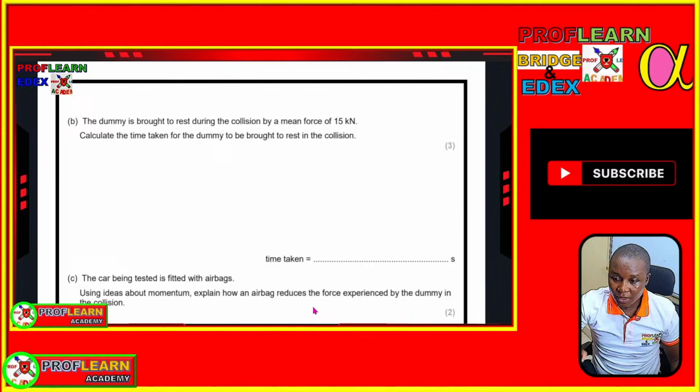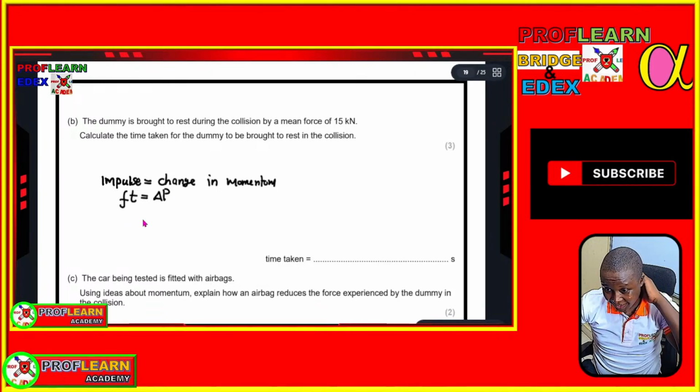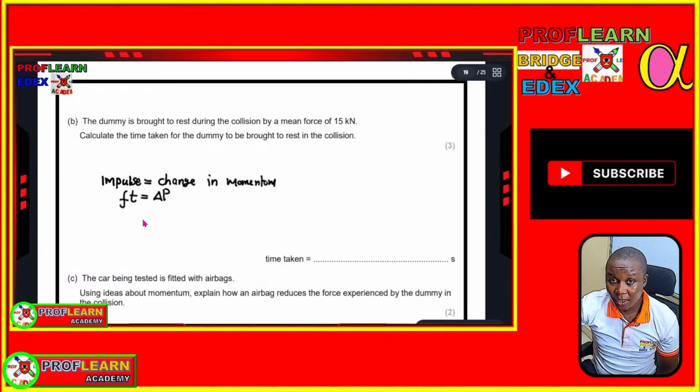Now the dummy is brought to rest. Impulse is force times time, and impulse is equal to change in momentum. Initially the momentum was given, so let's write the formula: impulse is equal to change in momentum. So Ft is equal to change in momentum, where P is momentum in that case.